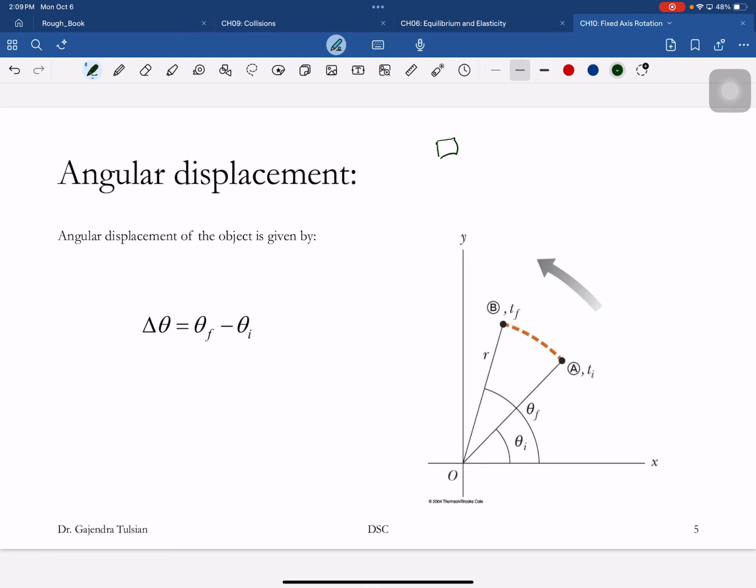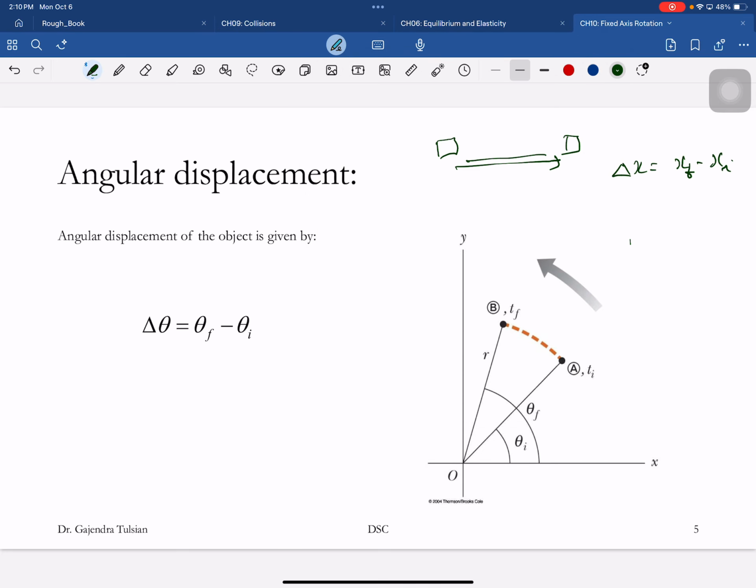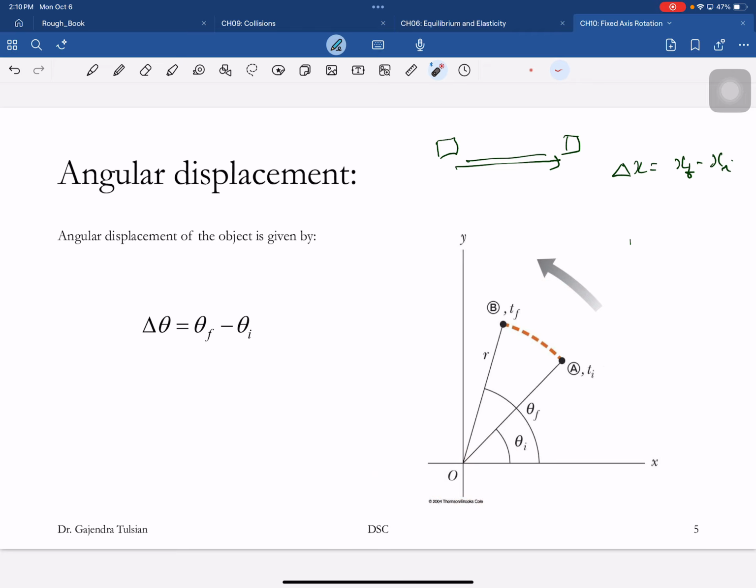When an object moved from here to there, the displacement delta x was given by x final minus x initial. Here is this object that rotated from this initial position to that final position.